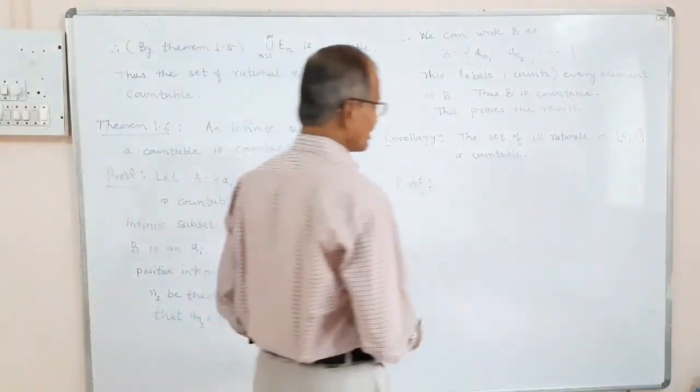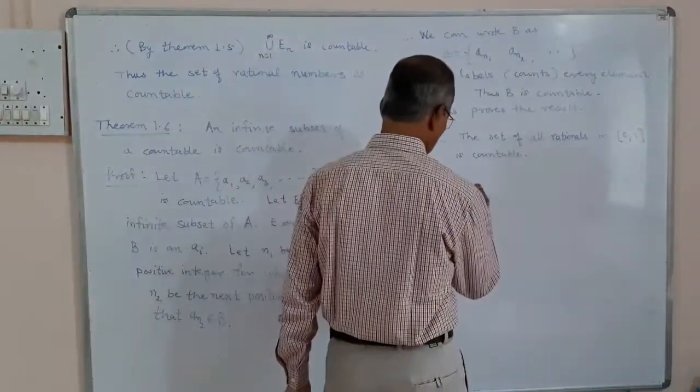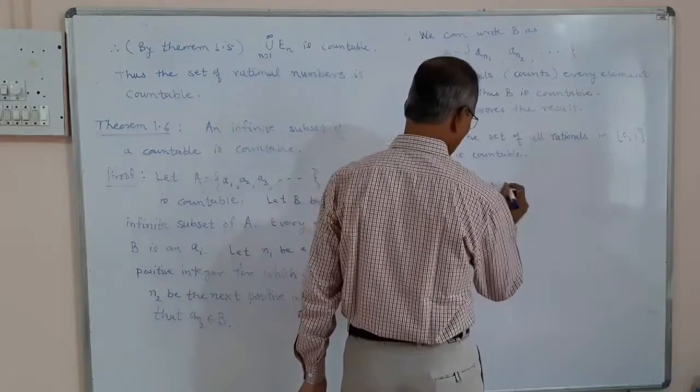So we know the set of rational numbers is countable.